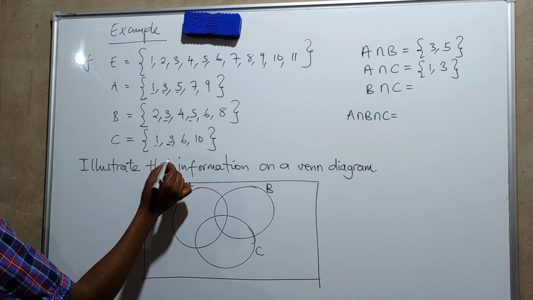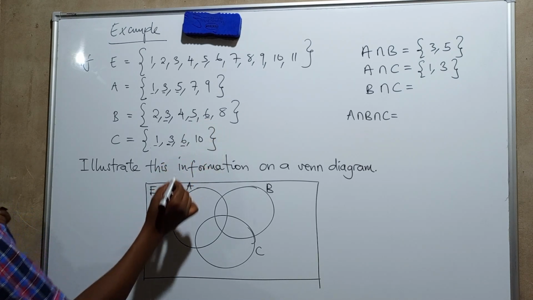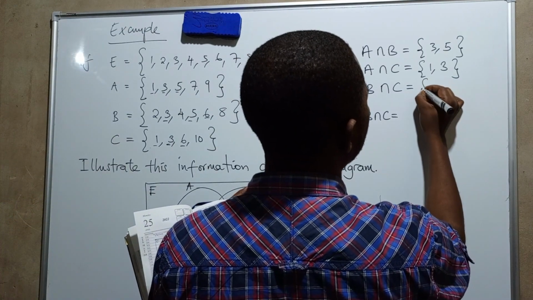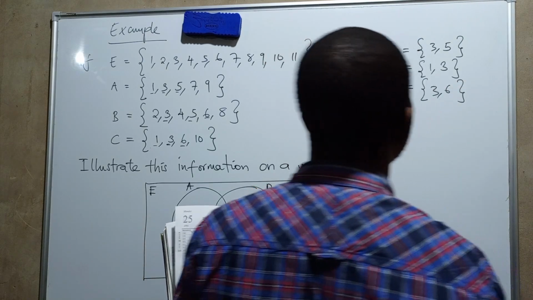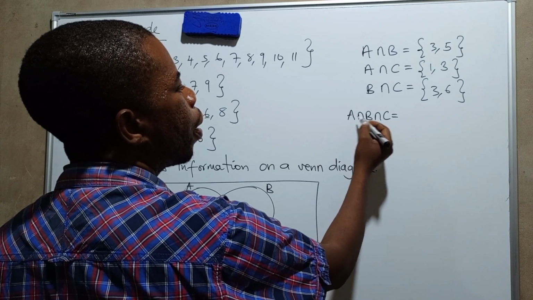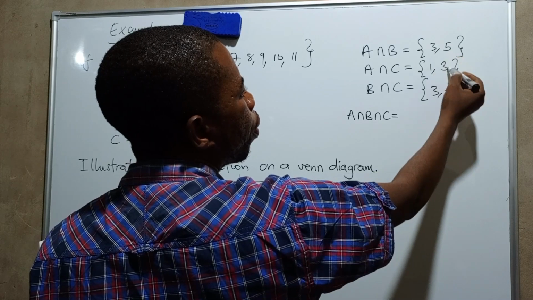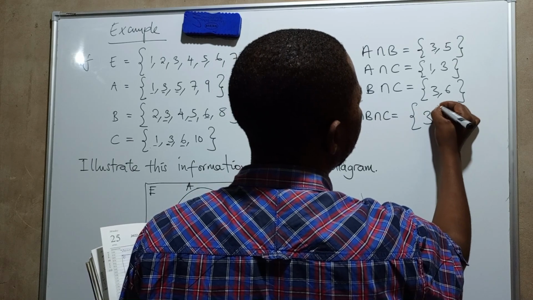What else? 6. So it is 3 and 6. Now, for us to find the intersection of A, B, C, we just look at these three. What is common? 3. So the intersection is 3.